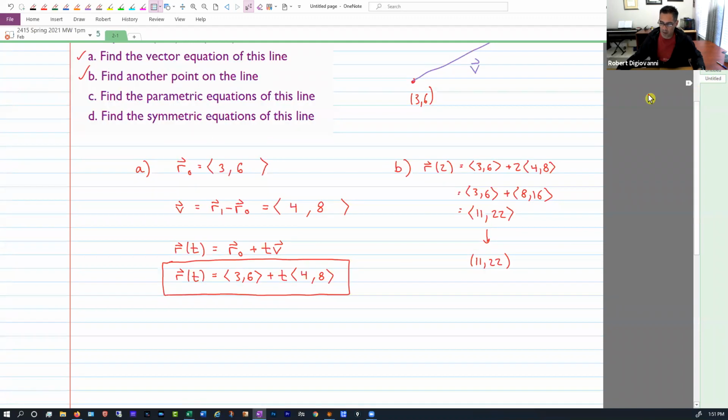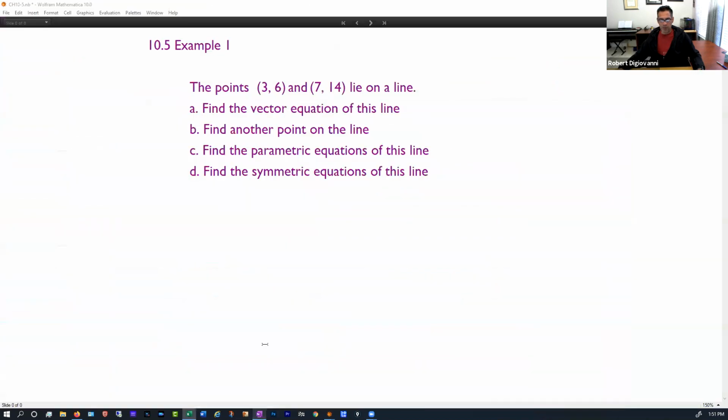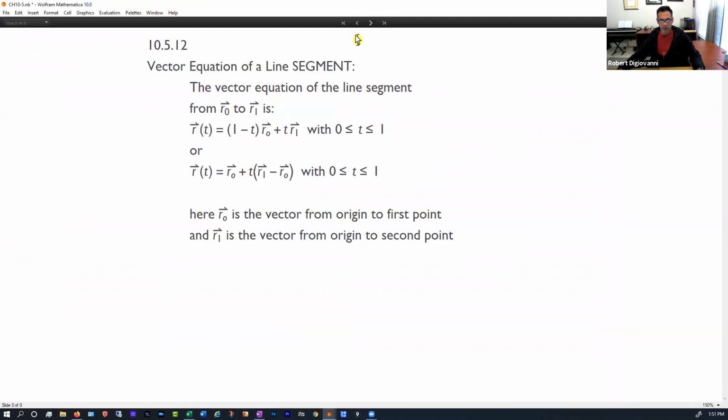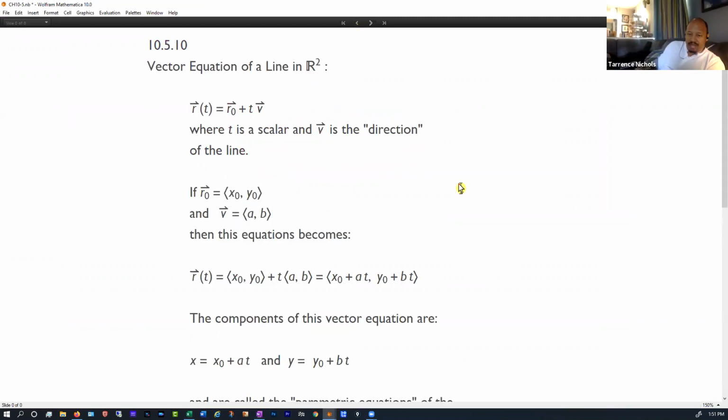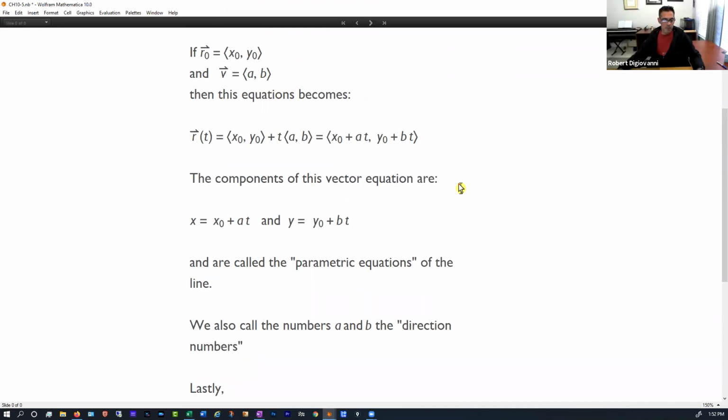Ah, no, it's on my other, I cleared it out already. Are you okay with the parametric, or are you still a little confused on it? I didn't quite get the notes down, but I'm pretty sure I got the concept.